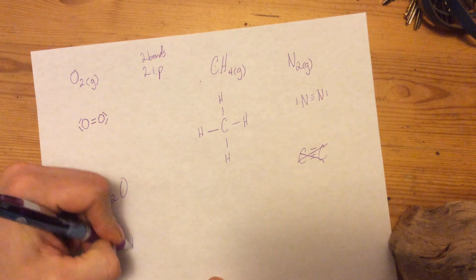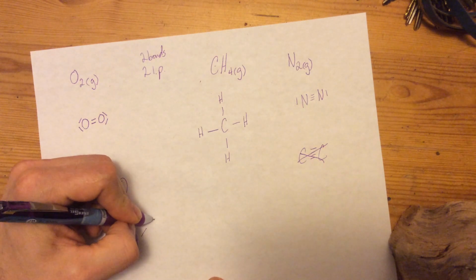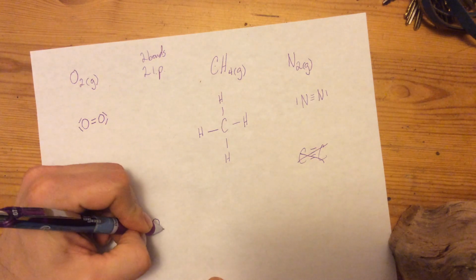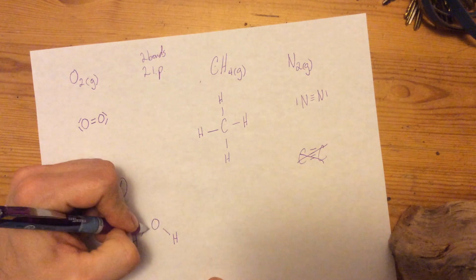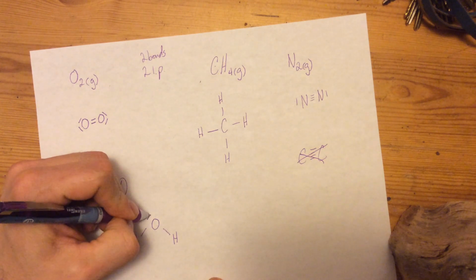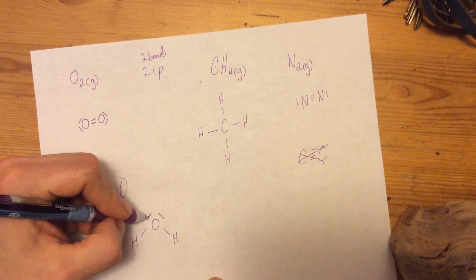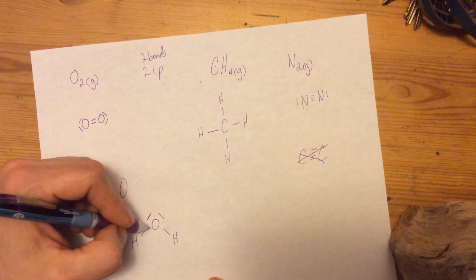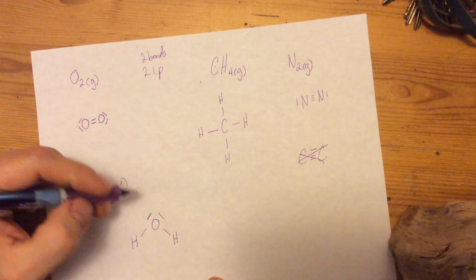But nonetheless, the simplest drawing of water is just hydrogen stuck to an oxygen. Water really is in a bent conformation. I think it's about 104 degrees between them, but I can't remember, 104, 109. And then there's 2 lone pairs on the oxygen. And so this satisfies all the rules.